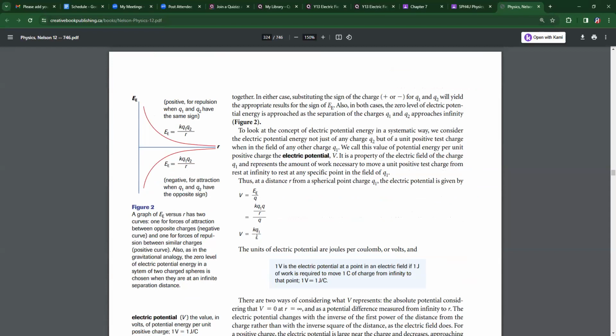The unit is the volt. Electric potential at a point in an electric field is the work required to move one coulomb of charge from infinity to that point. So 1 volt is 1 joule per coulomb.